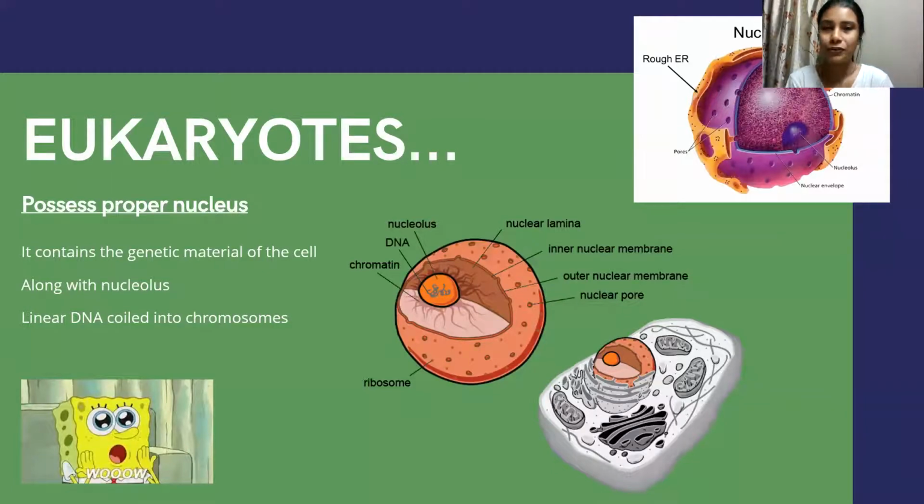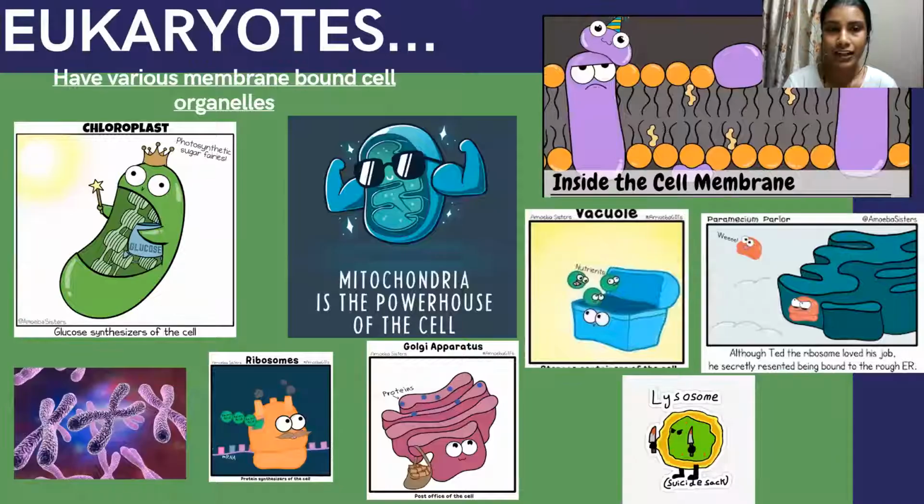So, coming to the characteristics of eukaryotes, they have a proper nucleus, which has the genetic material. It contains a nucleolus, and here the DNA is linear, right? And eukaryotes have various membrane-bound cell organelles like chloroplast, mitochondria, ribosomes, Golgi apparatus, lysosomes, endoplasmic reticulum, vacuoles.